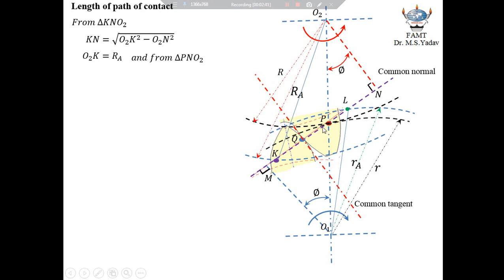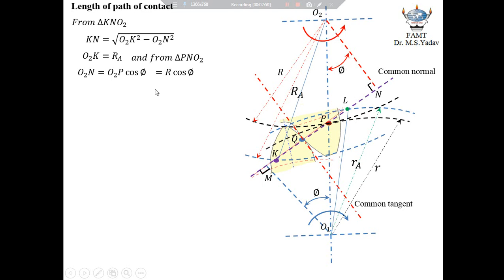Now from right angle triangle KNO2, using Pythagoras theorem we can write KN is equal to square root of O2K square minus O2N square. In this expression, O2K is equal to capital Ra, that is addendum circle radius of wheel. Similarly, from right angle triangle PNO2 we can write O2N is equal to O2P cos phi.